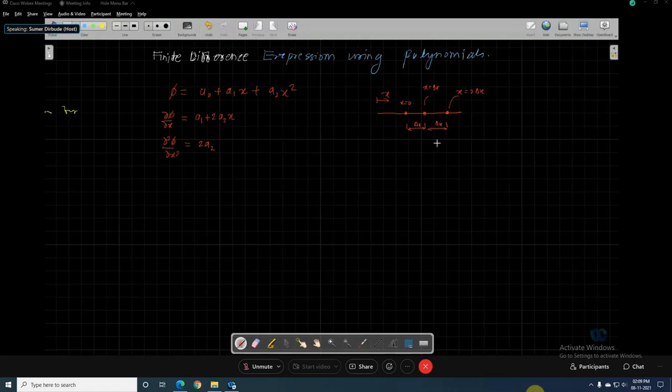So you can write phi for x equals 0 as phi I. So this is my ith point, this is I plus 1 point, and this is I plus 2 point.